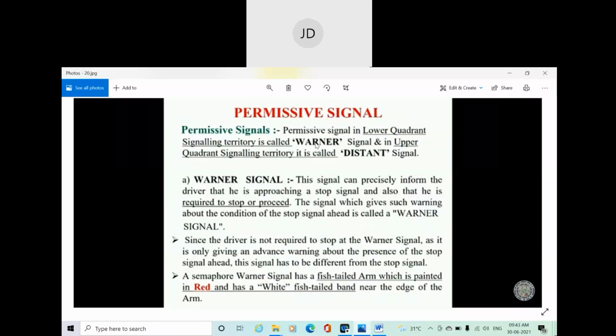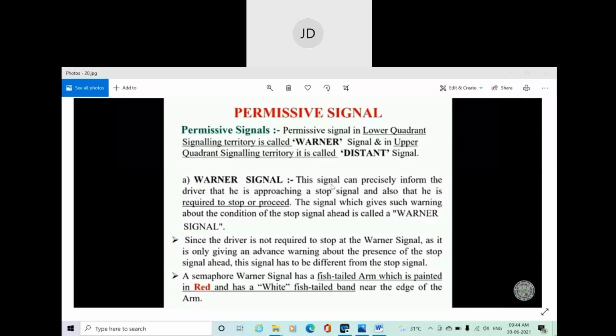That means when a permissive signal uses lower quadrant, the lever arm is lowered below. I think you have already understood. Then it will be a Warner signal. And if it uses upper quadrant, that means the arm is going in the upward direction, then it is a distant signal. Fine. So let's discuss Warner signal first.